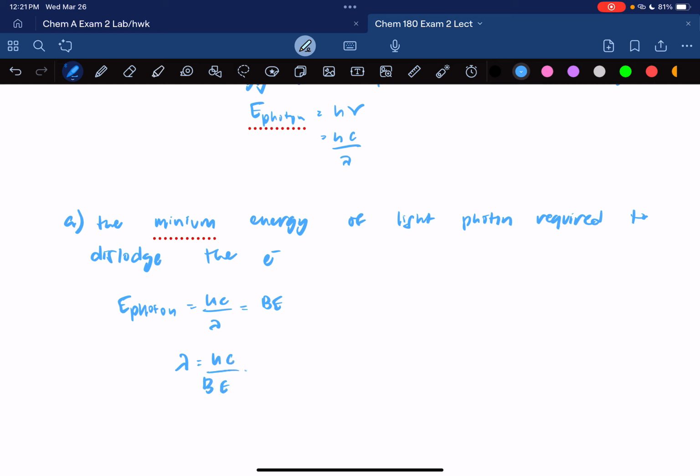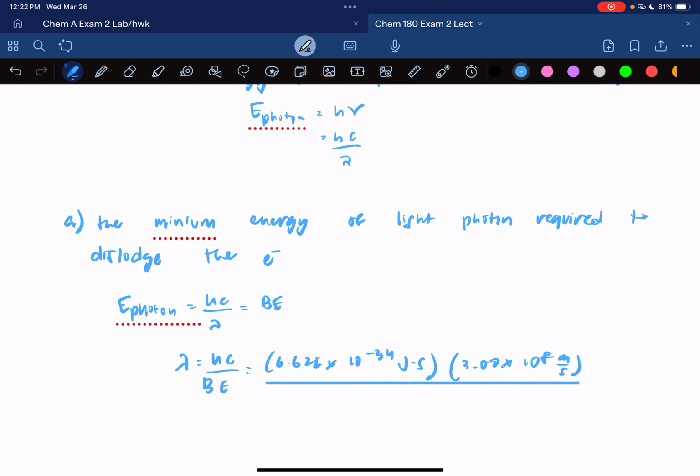I'm safe to use that. So we put that divided by the binding energy. What's the binding energy? 7.21 times 10 to the minus 19. So I solve for lambda, and it turns out to be 3.76 times 10 to the minus 7 meters.